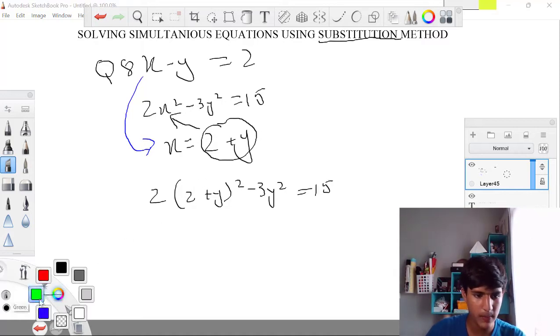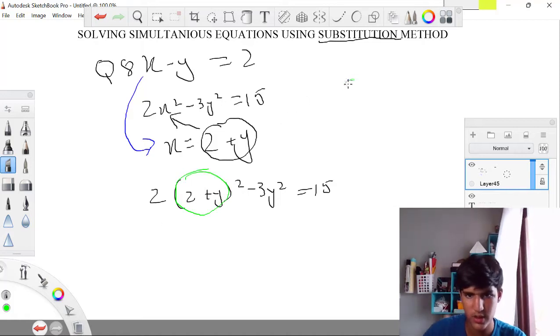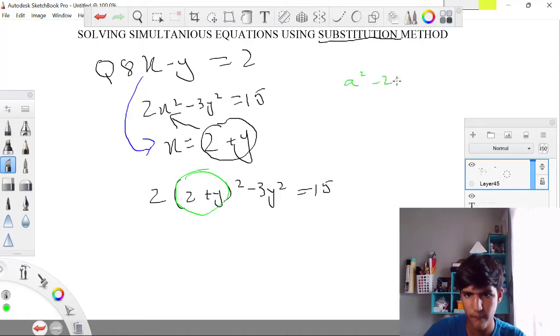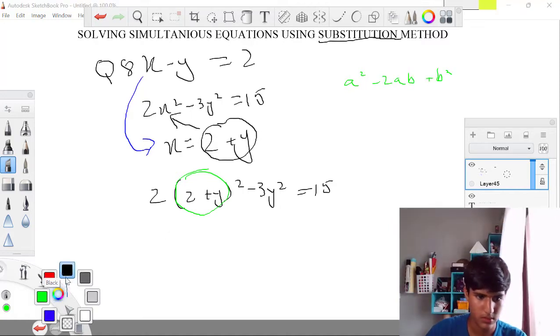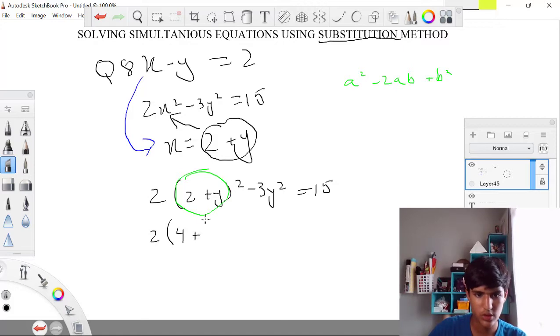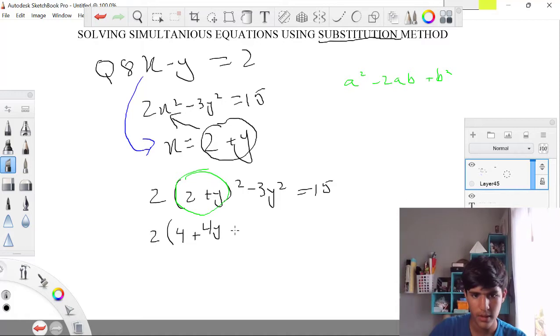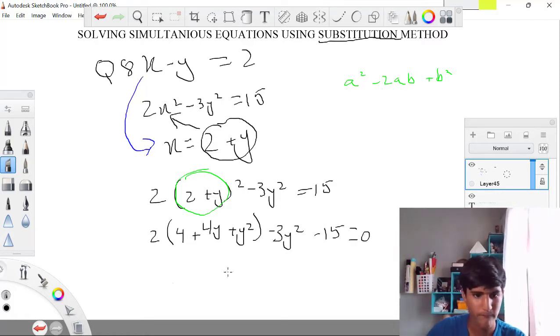We will be opening this bracket right here using the formula a squared plus 2ab plus b squared. 2 into 2 squared is 4, plus 2ab, which is 4y, plus y squared, minus 3y squared, minus 15 is equal to 0.